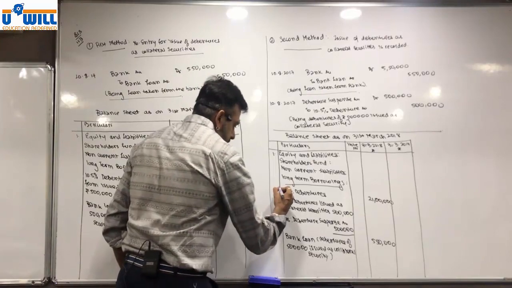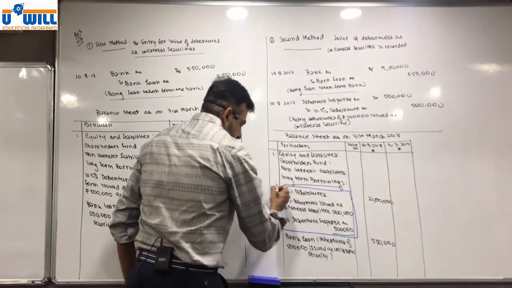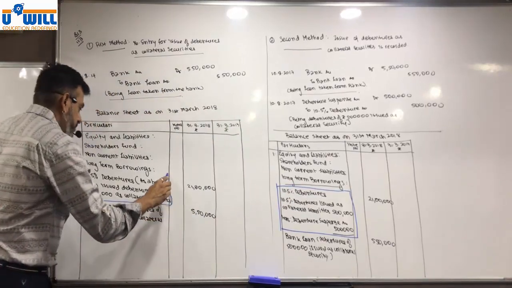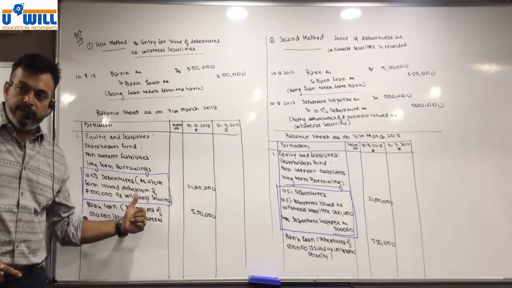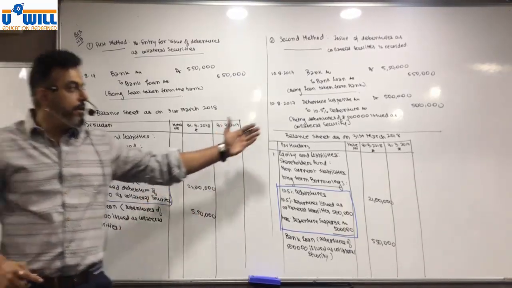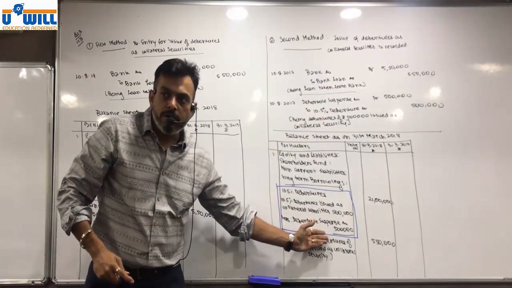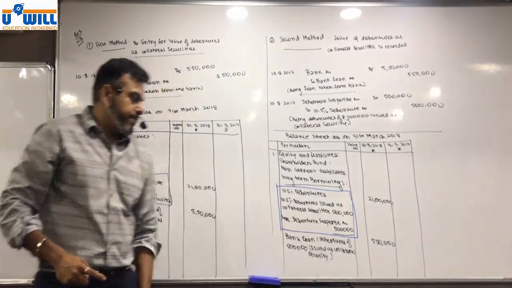Only difference is this portion over here. This is the difference in presentation. पता चल गया ये? If it is no effect, you just write as a in the bracket. If you are giving an entry, then debenture suspense separately we will show over here. Understood this? Okay.